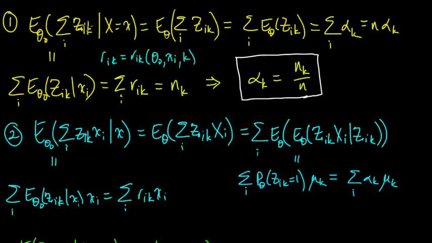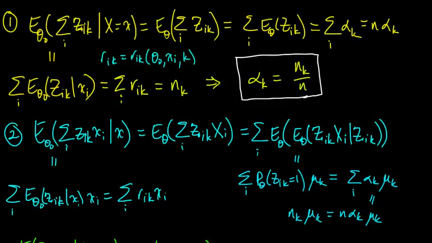And since we're solving all of these equations simultaneously, we can use this result from this earlier set of equations that had to hold. So we can plug in alpha k here. This doesn't depend on i, so this becomes n times alpha k. Sorry, this is a crazy staircase of equalities. n alpha k mu k. Alpha k equals nk over n, so the n cancels. We get nk mu k.